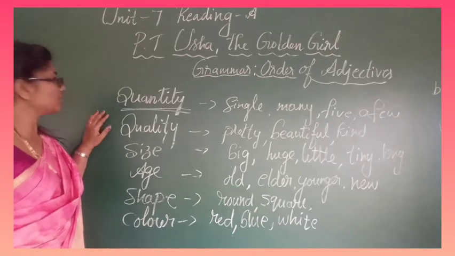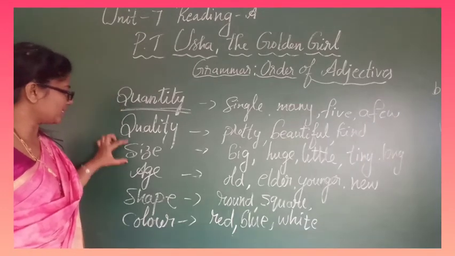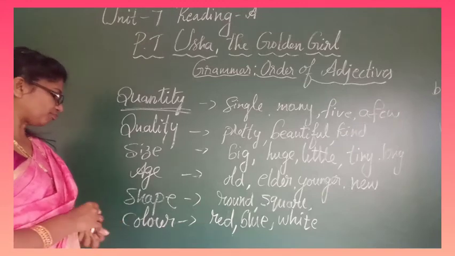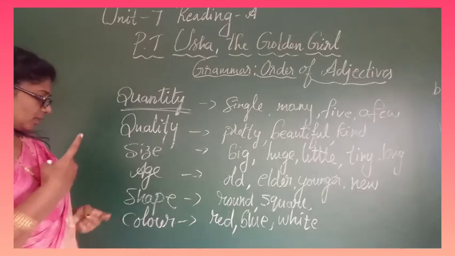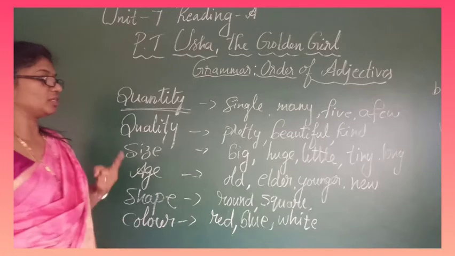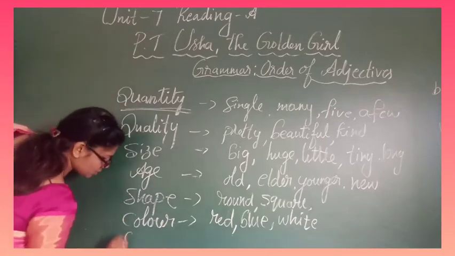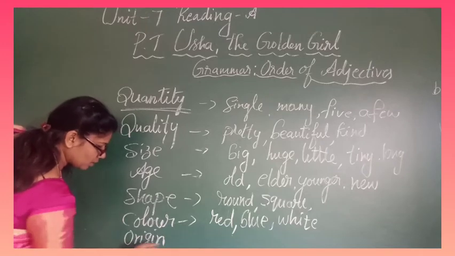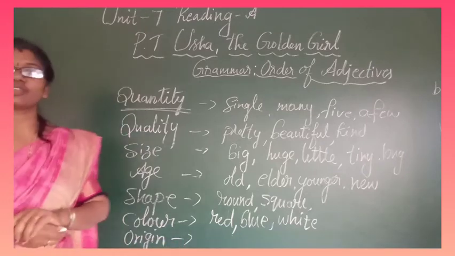Once again, I'm telling you: quantity, quality, size, age, shape, color. Then origin. Origin means, for example, she's from America.